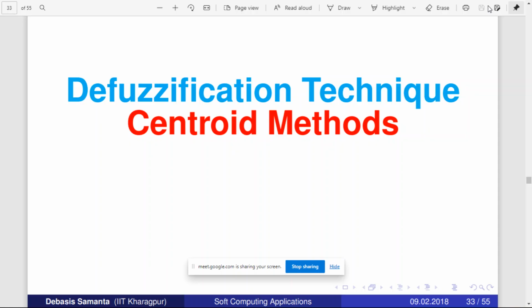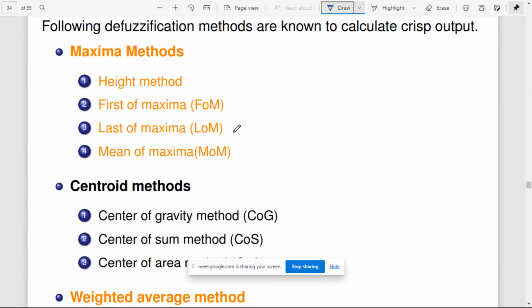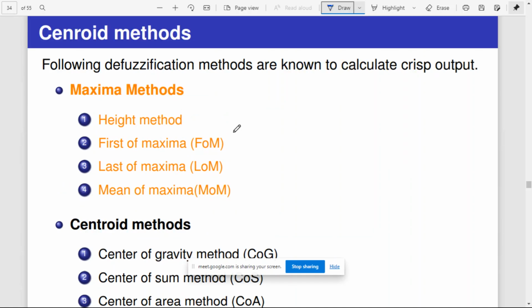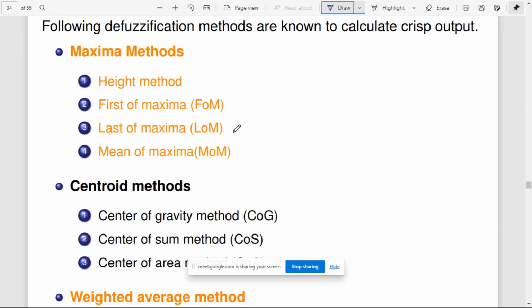Basically, in this lecture we will be discussing centroid based defuzzification techniques. The defuzzification techniques we are going to discuss can be broadly classified into three categories.